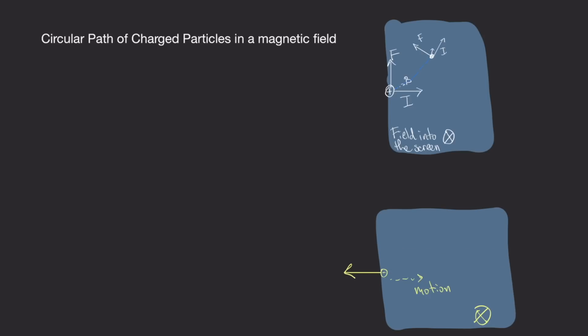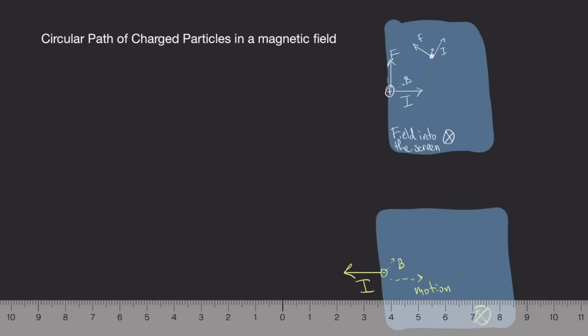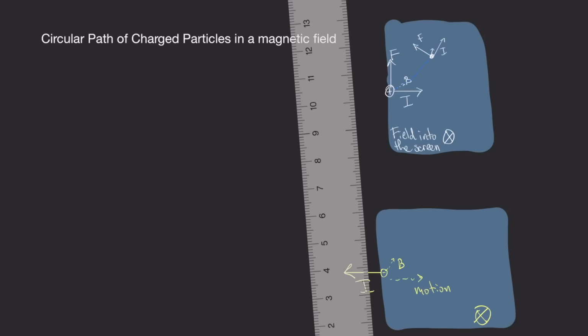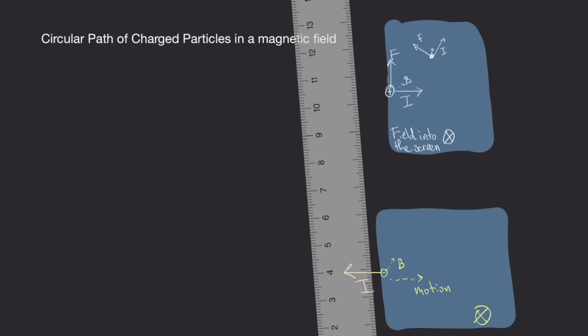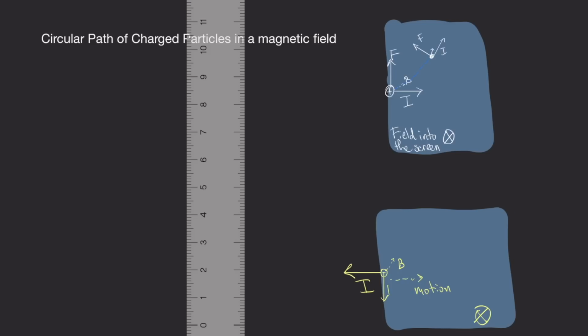Even if the particle is actually going to the right, our current is to the left. Our magnetic field is still into the board. I'm going to try and draw that in 3D. Well, by Fleming's left-hand rule, now the force is going to be downwards. So the particle will start moving in circular motion, going downwards rather than upwards, because the two forces will act in different directions by Fleming's left-hand rule.